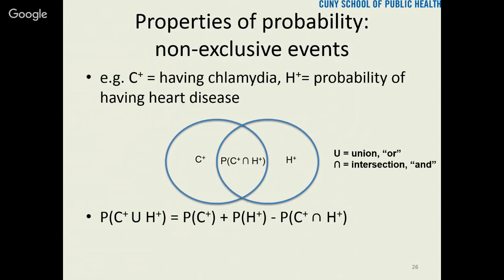As I mentioned, if you just add these two probabilities, you're counting this intersection twice, so you actually have to subtract it to correctly calculate the probability of this union. So your probability of having chlamydia or heart disease is your probability of each of them individually minus the probability of having both, so that you're not counting those cases that have both twice. Kind of make sense?